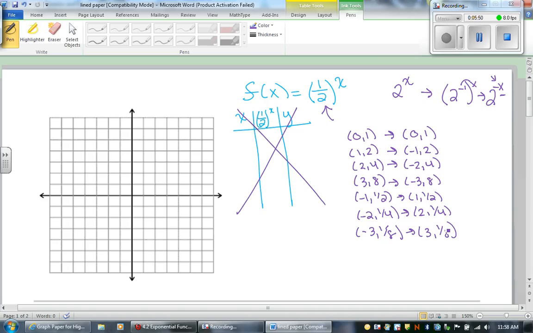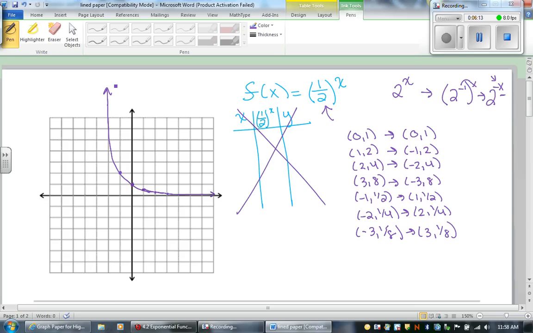Now when I go and graph that: 0, 1; negative 1, 2; negative 3, 8, which again is up here; 1, 1/2; 2, 1/4; 3, 1/8. Basically what I've done is taken my function and reflected it over the y-axis.